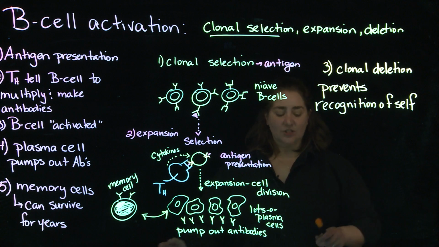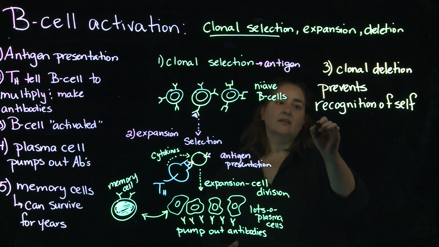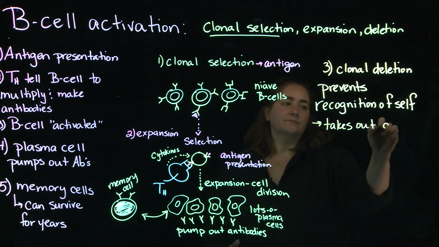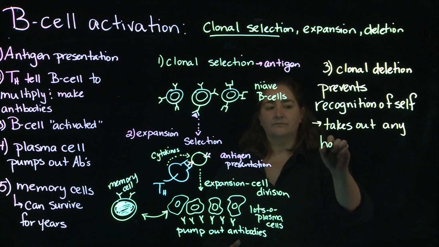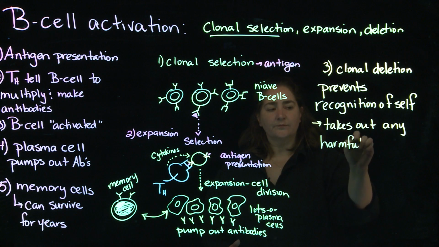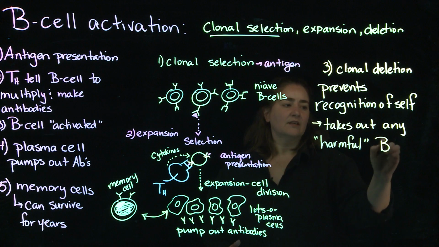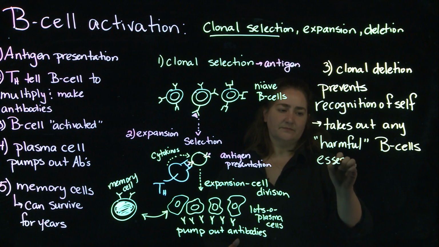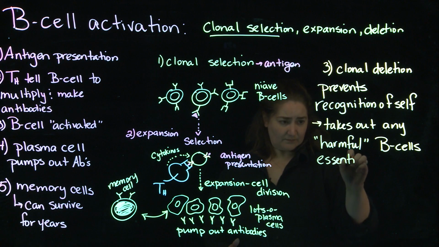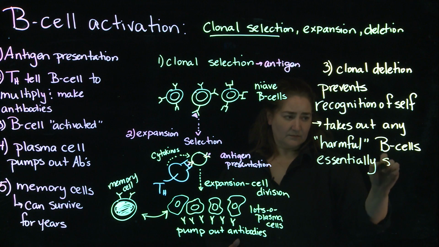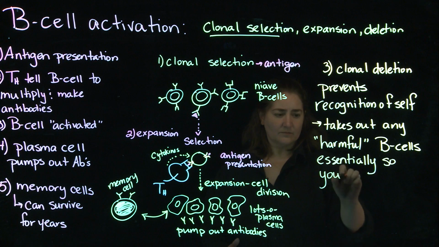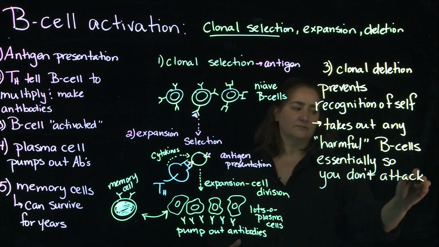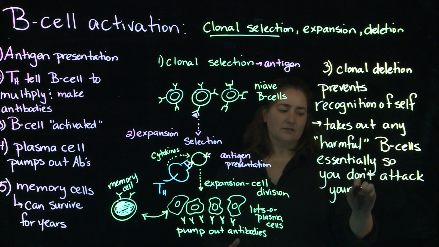So clonal deletion essentially takes out any harmful, we'll call them harmful, B cells. All right? Essentially, this is so you don't attack your own cells.